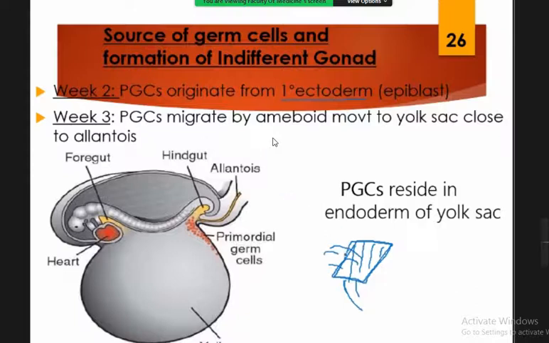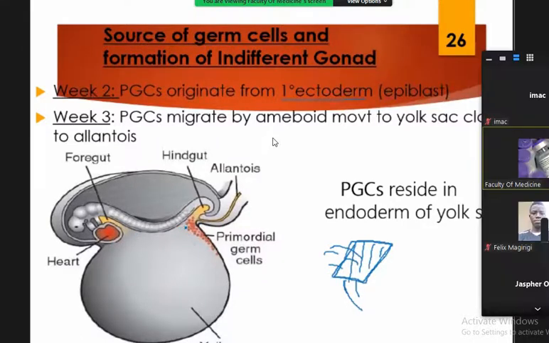They are going to leave the epiblast and they will traverse the entire length of the yolk sac. So what you're seeing here are primordial germ cells that have migrated from the epiblast and within the yolk sac. That is where the primordial germ cells will be stored up to around the end of the 4th week, when they start again to migrate back.